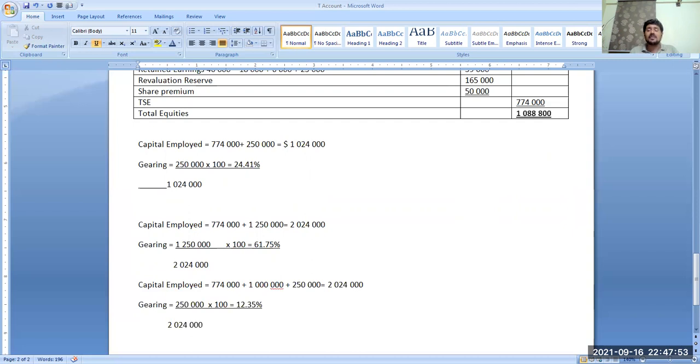But with debentures, we have to pay interest anyhow, whether we make a profit or not in the coming years. We don't need to redeem the shares, but debentures we have to redeem after 5 years, 10 years, whatever the date. And we have to set aside a lot of money to redeem the debentures. So issuing debentures is not a good option in this situation. Are you getting my point clear?